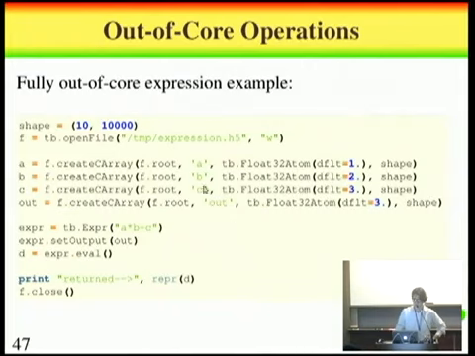We've declared an output array, where we want our results to be stored. We then give it this string expression, which knows the namespace. It gets executed in this local namespace, so it sees that these A, B, and C are here, and are PyTables objects. And then we can say where we want the output to go. Nominally, if you don't set this output, it would just return a NumPy array in memory.